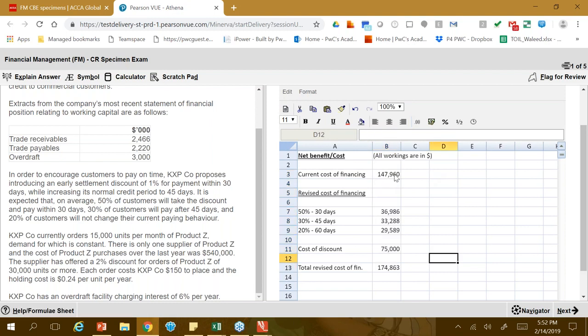Now, if your current financing cost is 147 and the revised cost of financing is coming out to be 174, would you like to go for the new proposal, or would you like to stick with your current management of the receivables? What do you think?